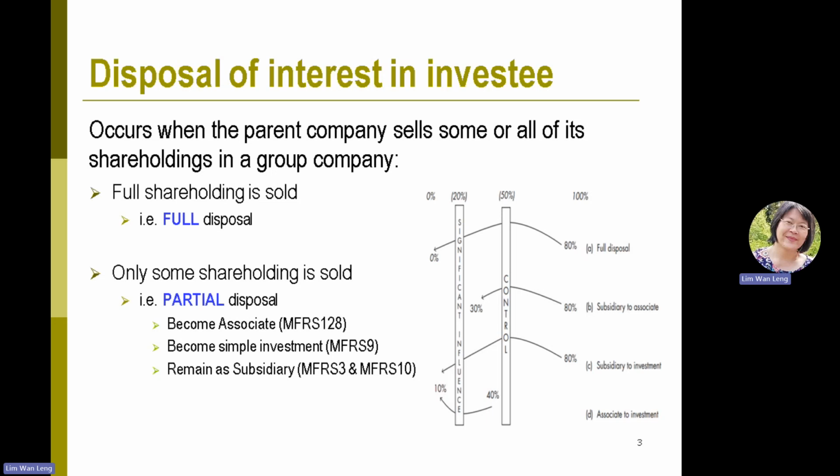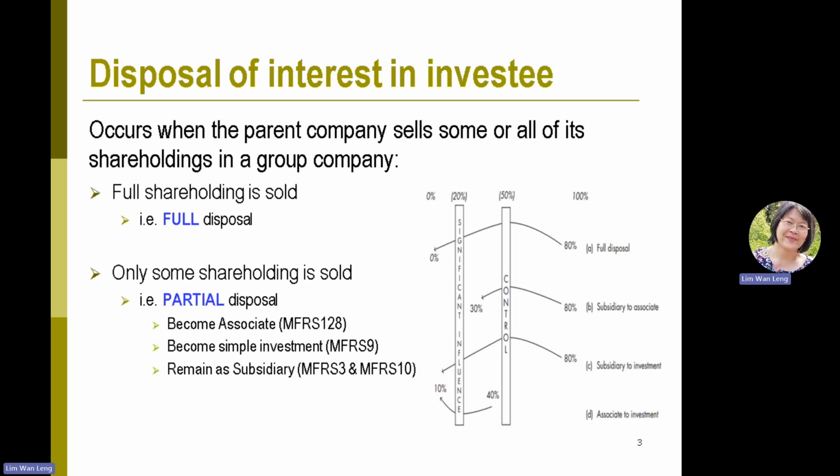Okay, then you have other scenarios like B, C, and D, whereby we have partial disposal. Originally you are a subsidiary, and after the disposal you become just the status of an associate. You also see that you cross the 50% boundary here.